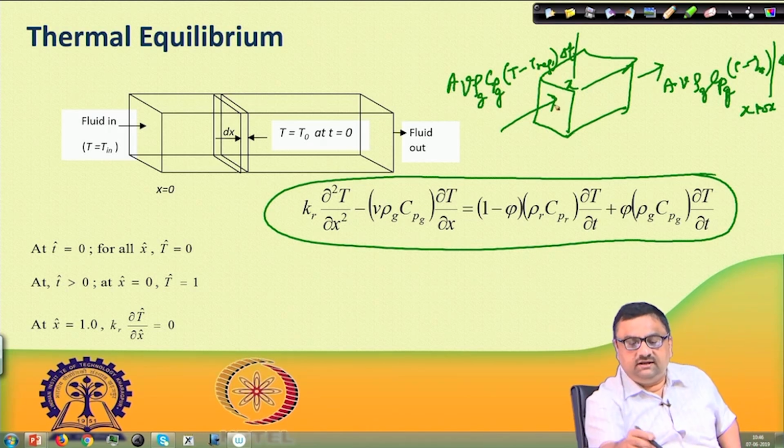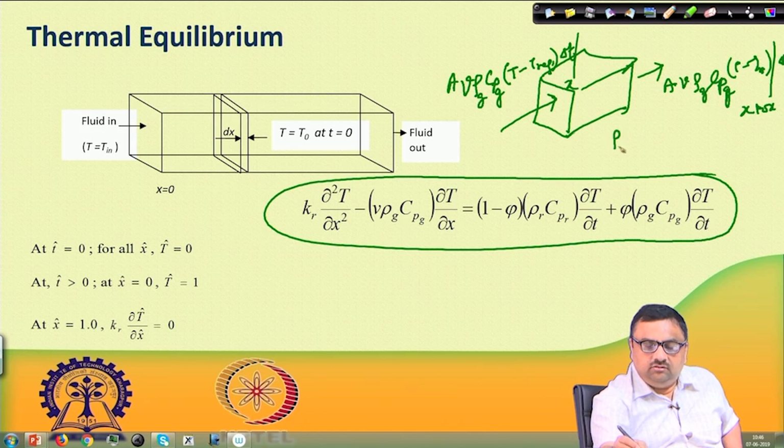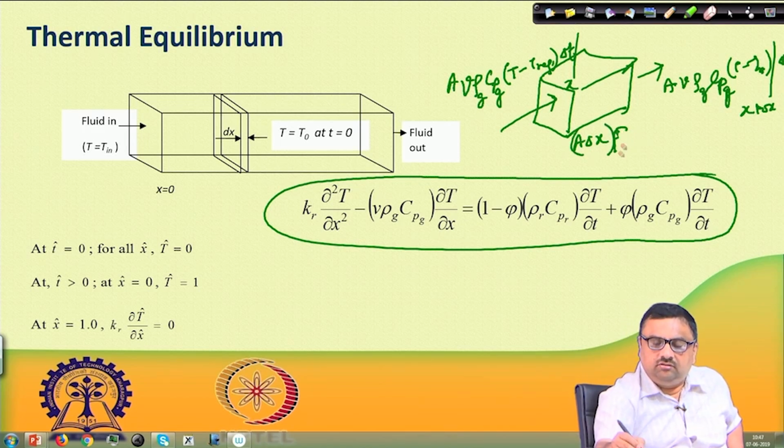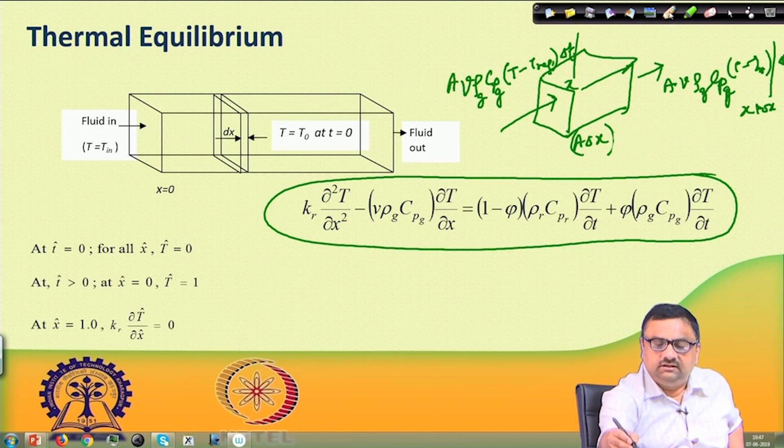This difference would be the accumulation, meaning if heat conduction is completely absent, then the accumulation would have been in the fluid phase itself. So, the volume is A delta x, and we may multiply this by the porosity.